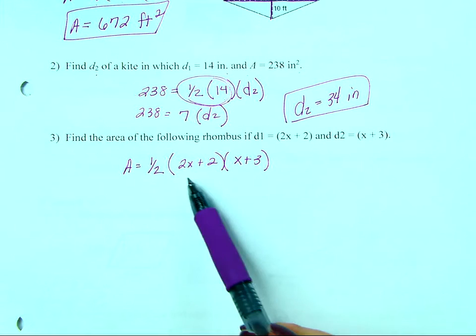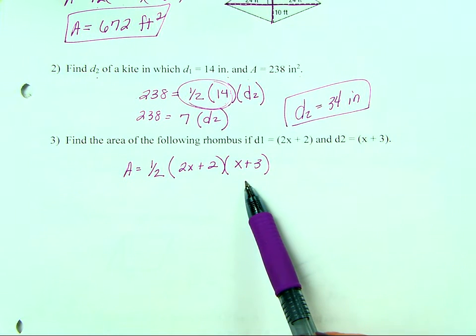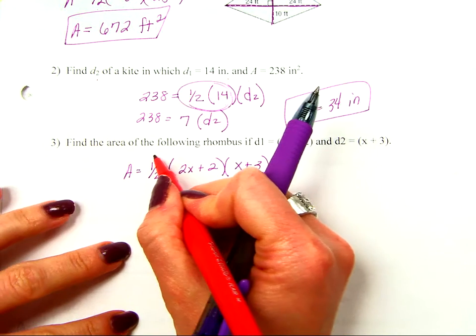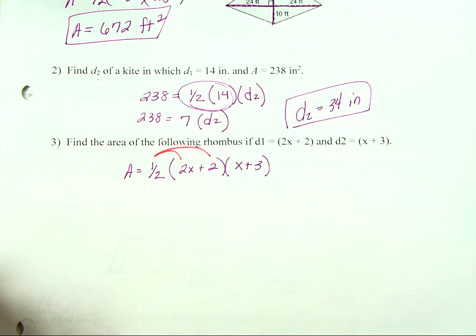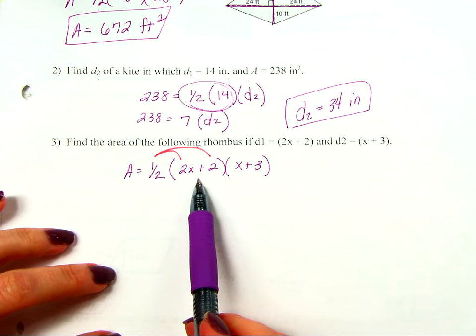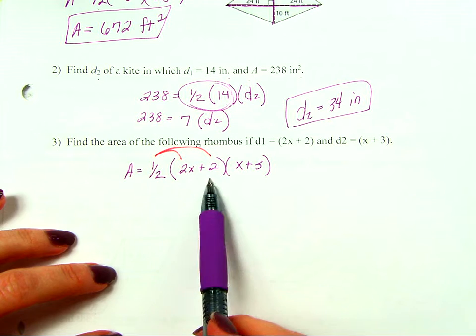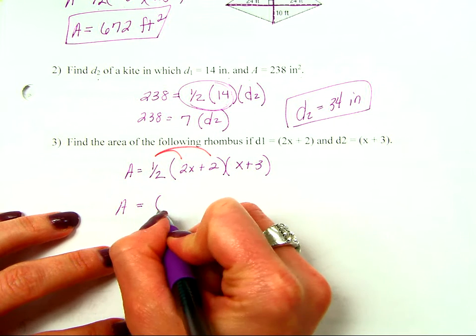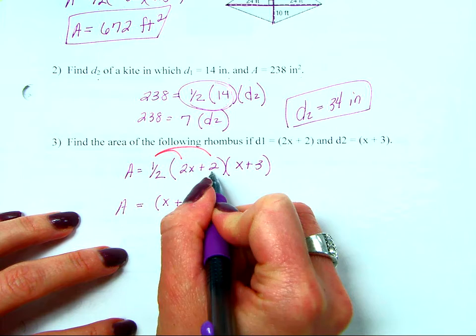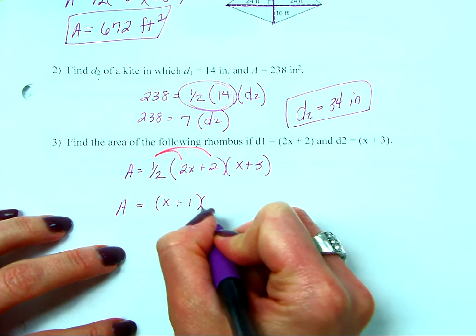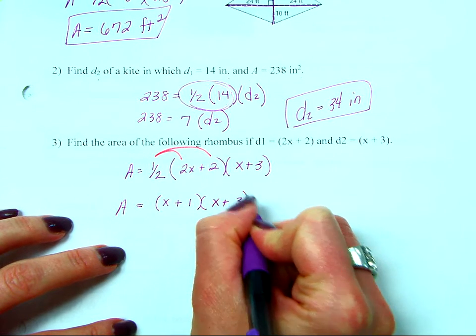Now, I'm going to end up having some x's in my answer. I'm going to have an expression. The first thing that we're going to think about doing is let's go ahead and simplify by distributing my half. Now, my 1 half is being multiplied. I actually only distribute it to the first quantity. So this is going to end up half of 2x and half of 2 would look like so. But I still need to then multiply by x plus 3.